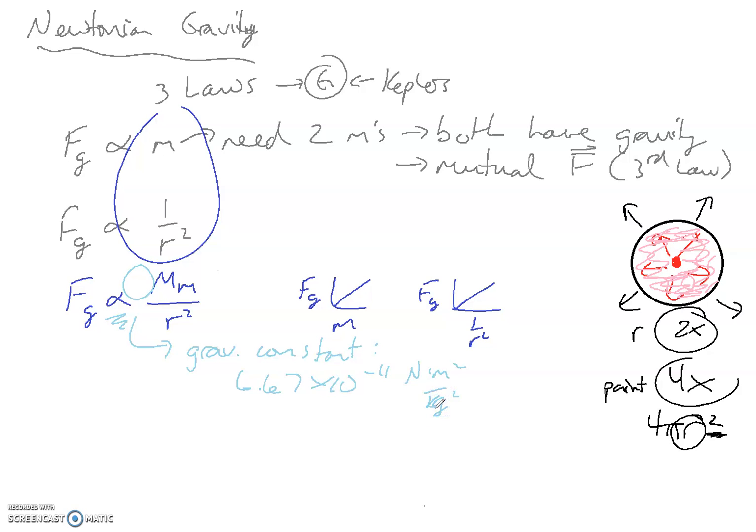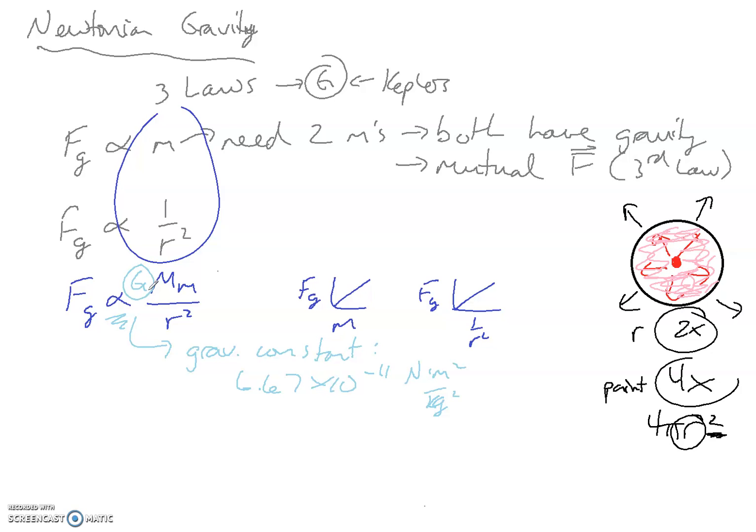And the symbol for that is a capital G. That's why for 9.81 you have to use a lowercase g, and for this one it's a capital G, because they're two very different things.